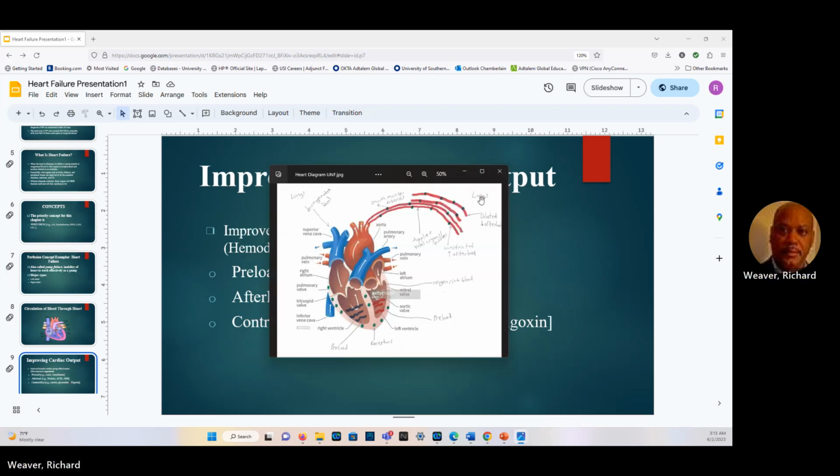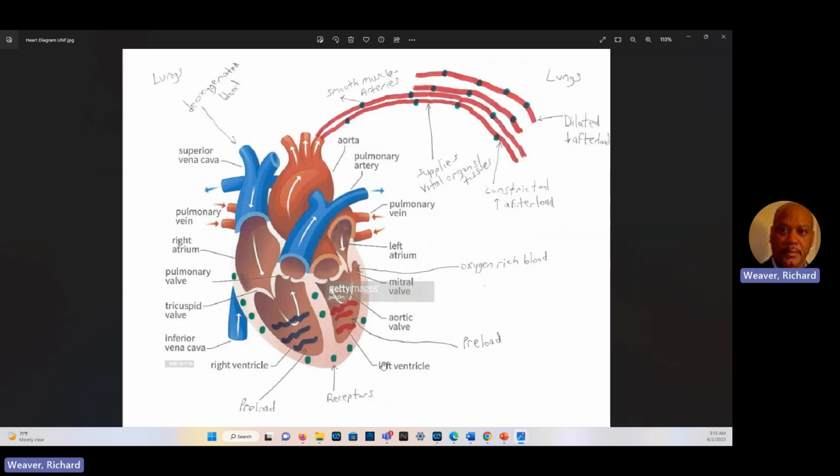All right. So what is preload? Preload is the volume of blood that is returning to the right side of the heart that actually sits in the ventricles before systole. That volume of blood in the ventricles is referred to as preload. The heart can only handle a certain amount of volume.